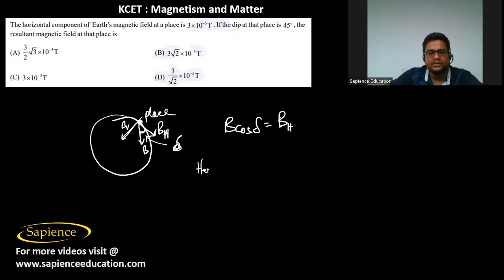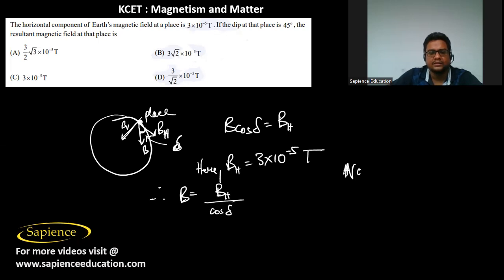Here the horizontal component value is given as 3 into 10 power minus 5 Tesla. We have to calculate the resultant magnetic field at that place. Therefore, B will be equal to BH by cos delta.